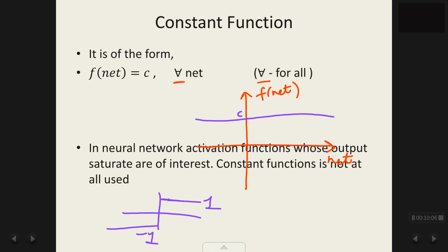In the previous slide also, the linear function is going from -infinity to +infinity. Here the output is remaining constant, so it is not lying between any two values. It is fixed at one particular value. So again, this type of activation function will not be used much in a neural network.